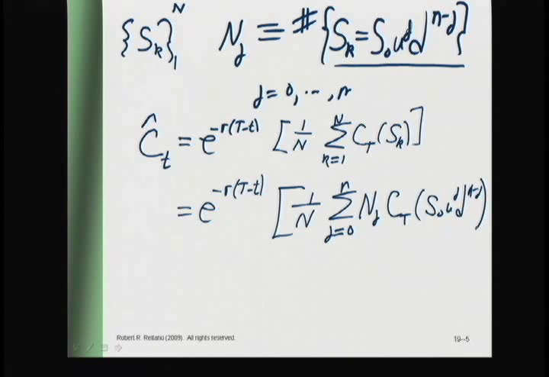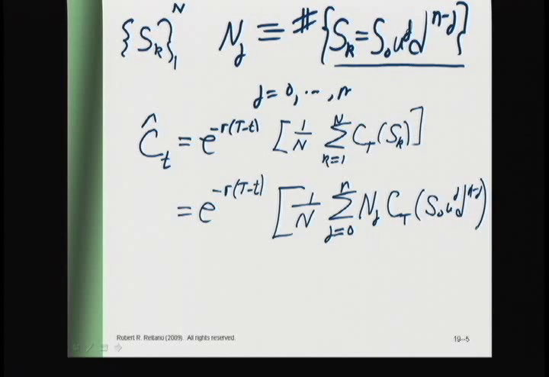So let's make sure this makes sense. What I've done is simply say N_j are the number of generated stock prices that equals the jth price on my lattice. And so I've now converted the summation from my sample to a summation using the original lattice prices.